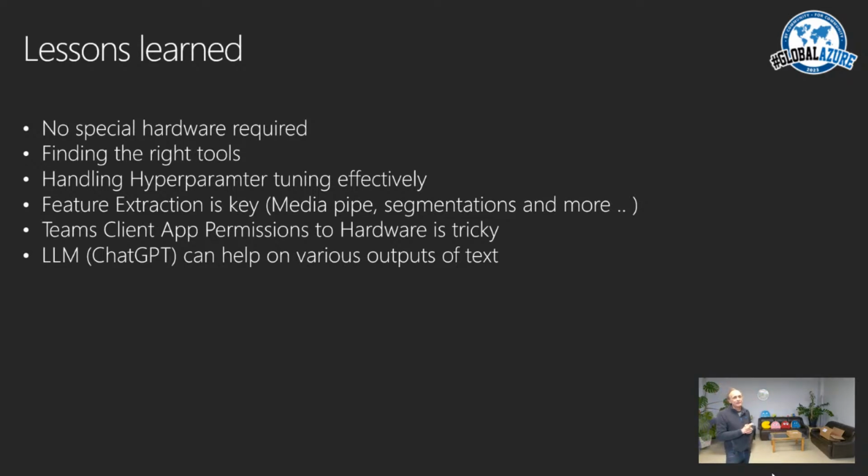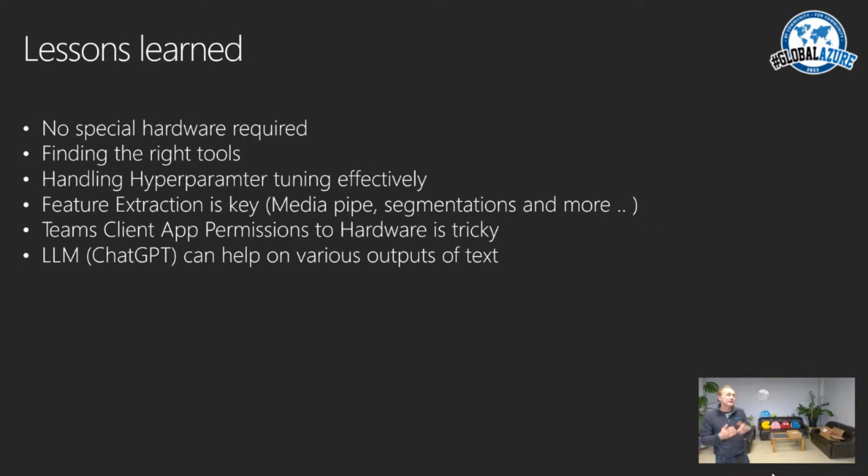Handling hyperparameters to tune efficiently, this is something that really was a learning for Marco, that optimizing the model is one of the most important things here. And we're still not ready here, but we know what the method is, how to optimize our hyperparameters very well.